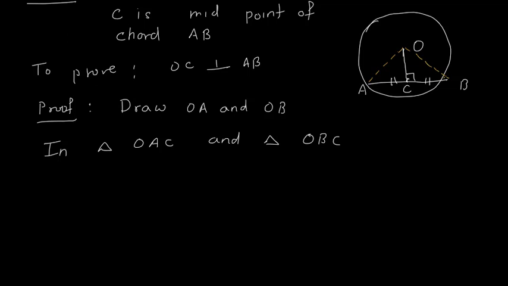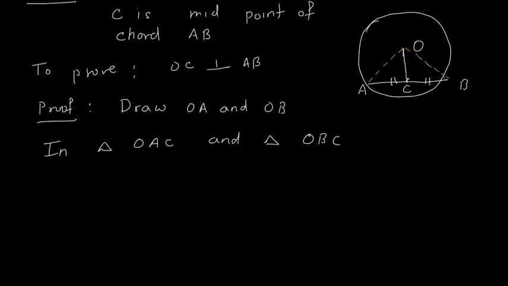Okay, actually this angle 90 degree is not given. Rest all the things are given. So how do you prove that these two triangles are congruent and hence OC is perpendicular to AB? What criteria we use? Okay, yes, you are in right direction. That is, we will use side.